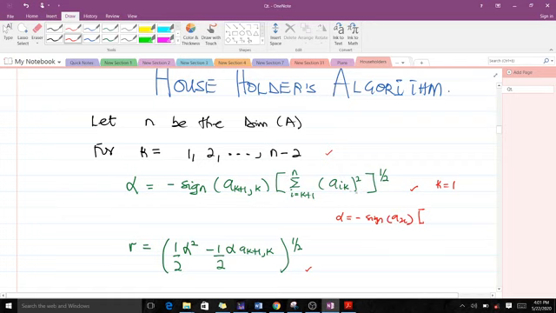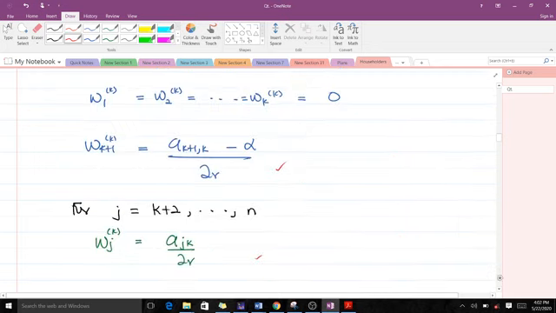That means we're going to have a21 squared plus a31 squared plus a41 squared, all raised to the power half, as you can see here. So that becomes the formula for computing our alpha.